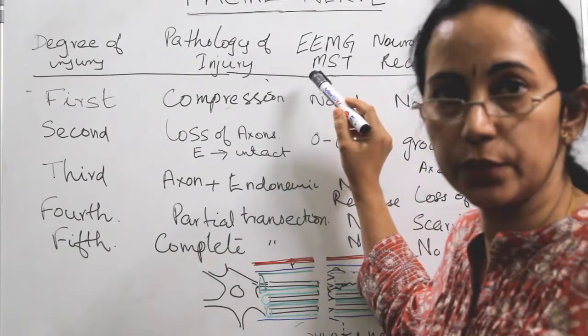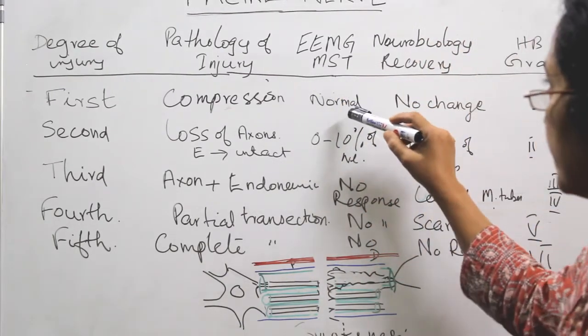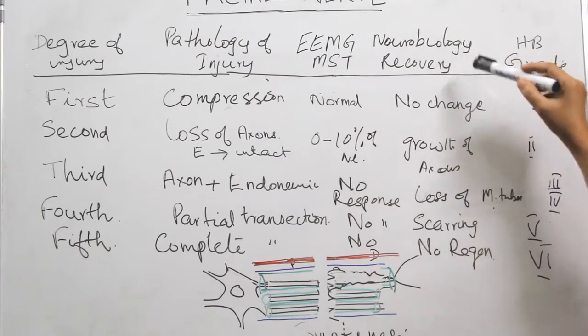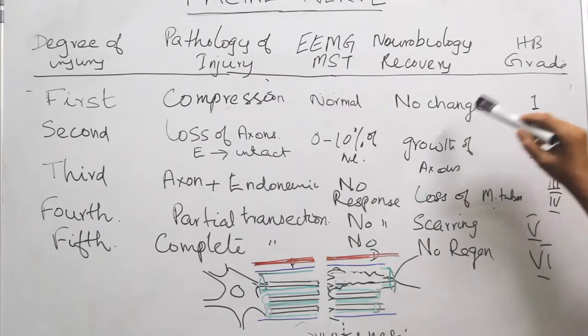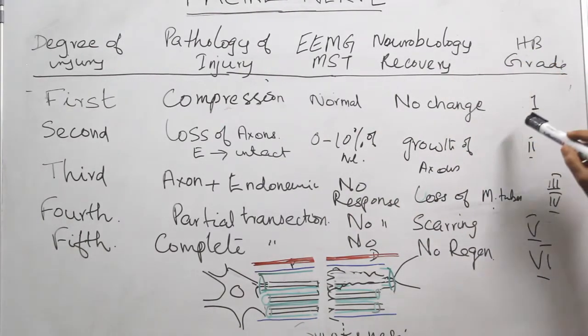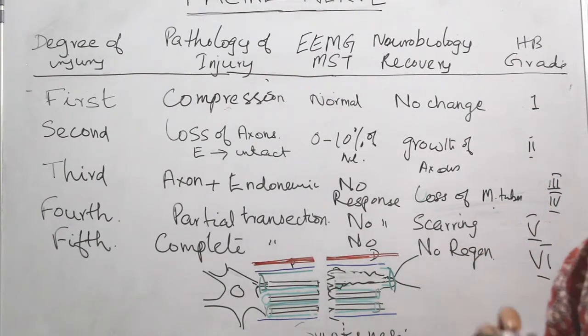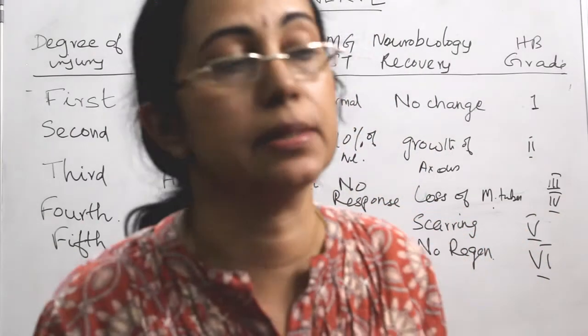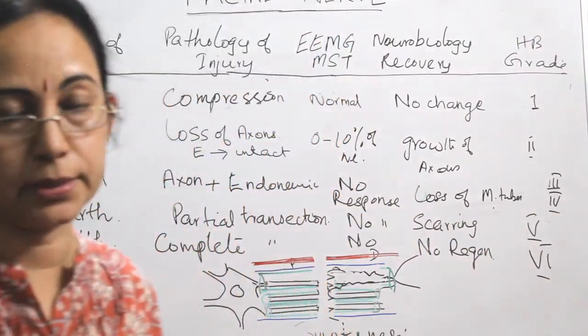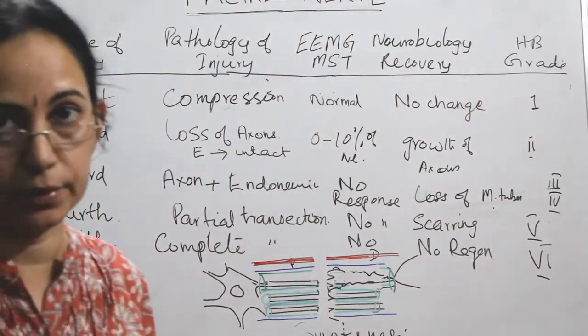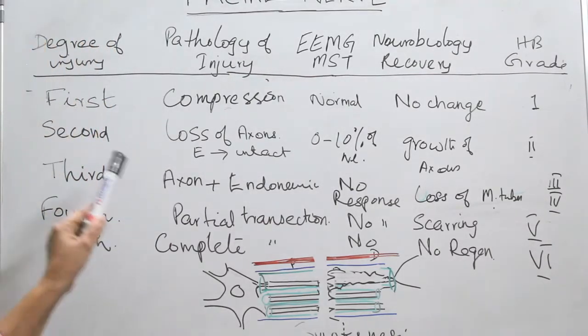So the electrophysiological test will be normal, and there will be no change in the morphology. And the House-Brackmann grading will be grade 1. What is grade 1? There is normal, symmetrical function of the facial muscles, right?